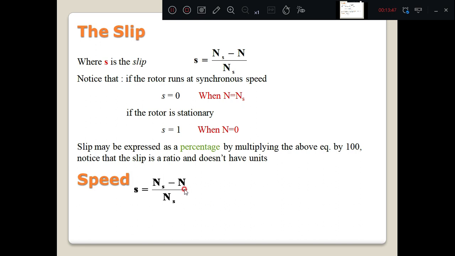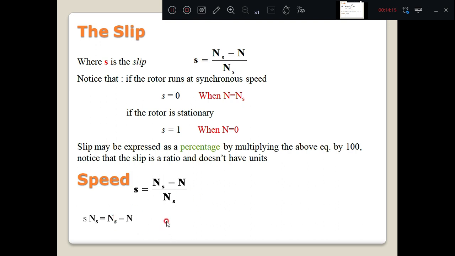Therefore, we want to express the speed in terms of slip and the synchronous speed. Once again I am taking the relation s is equal to ns minus n divided by ns. From this I want to determine the rotor speed in terms of slip and the synchronous speed. Just cross multiplying, what I am getting is s into ns is equal to ns minus n.